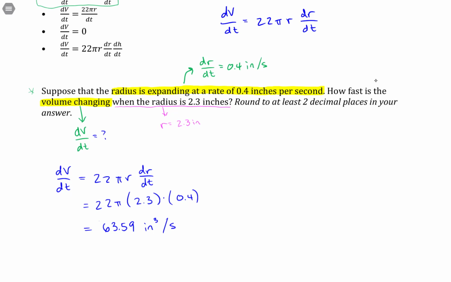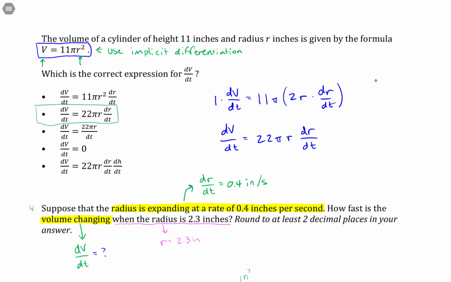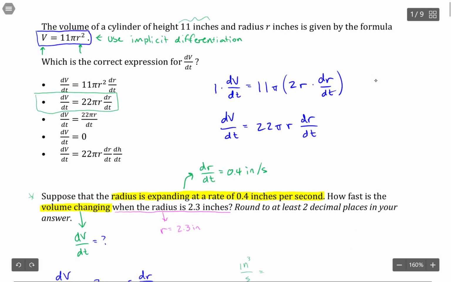Now, the last thing I mentioned was about the units telling you if your problem has worked out properly. And the units here match up because here's the thing. The volume is, of course, inches cubed per second. So we have something measured in inches cubed per second. This 22, it comes from a cylinder of height 11 inches, which is a constant value.